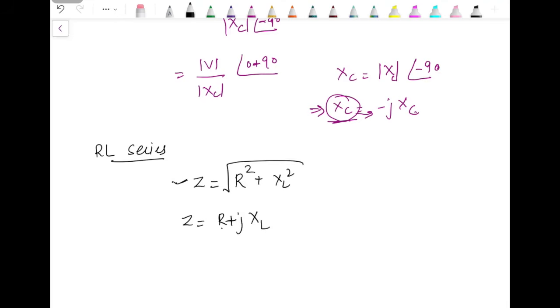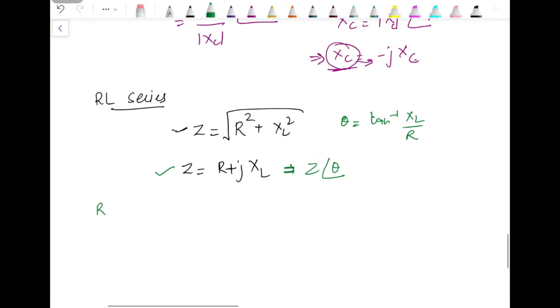This expression doesn't tell anything about the angle, but in complex form we can actually see how much phase difference is there. We can change this into Z angle theta form with the help of a calculator. Here you calculate theta as tan inverse XL by R. So the same can be done over here.